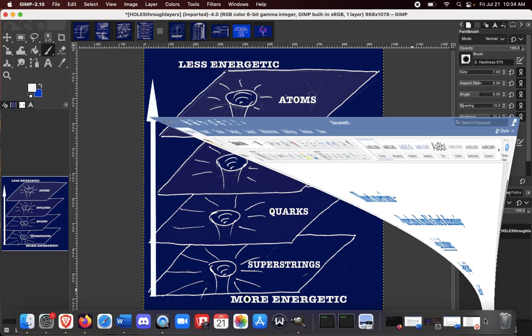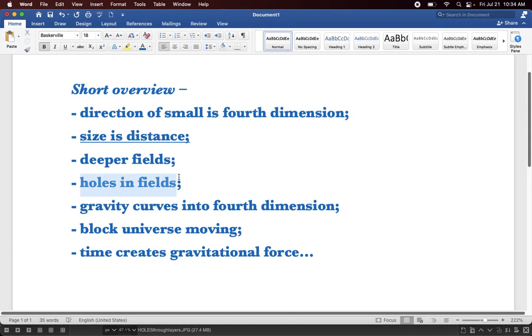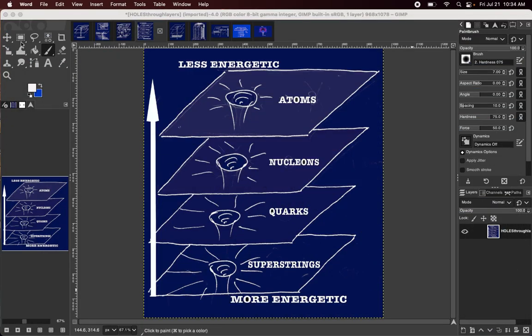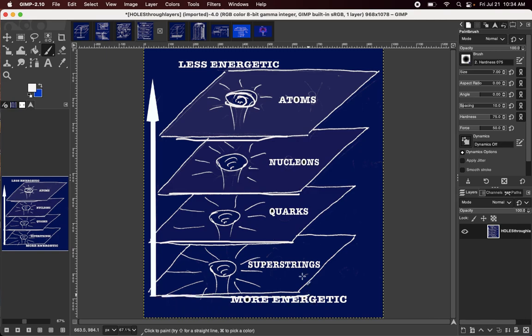And so we just saw deeper fields of space lying alongside our own three-dimensional universe. And it's best to look at fundamental particles in this sense as holes in deeper fields of space. So these fields of space lie alongside each other. They're not all in the same spatial dimension of our 3D universe. They are going deeper in this fourth dimensional direction.